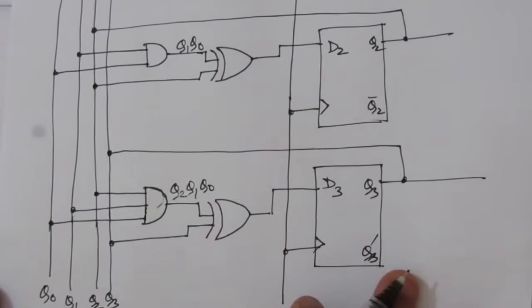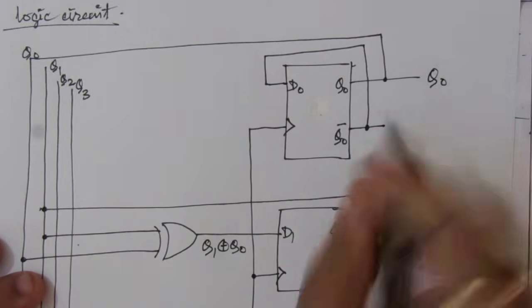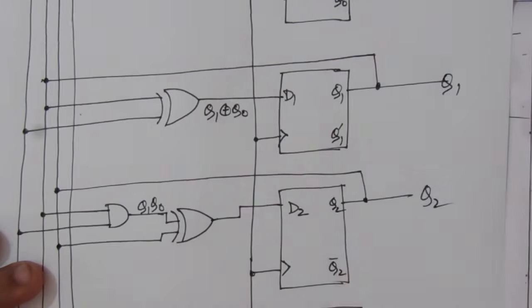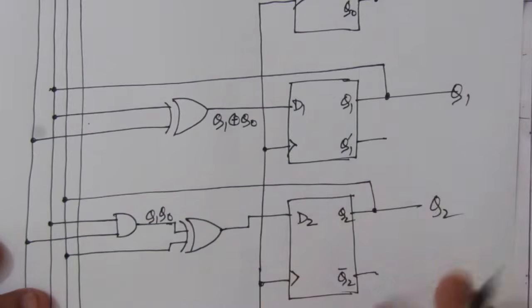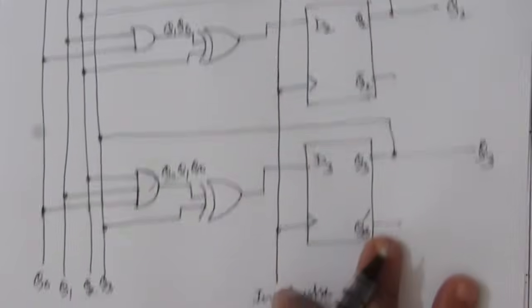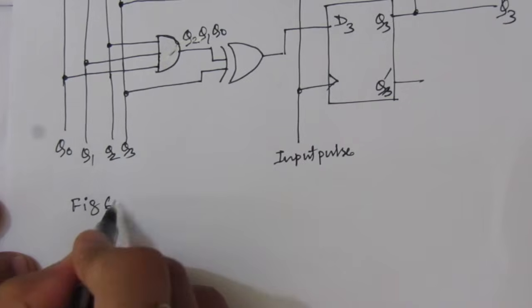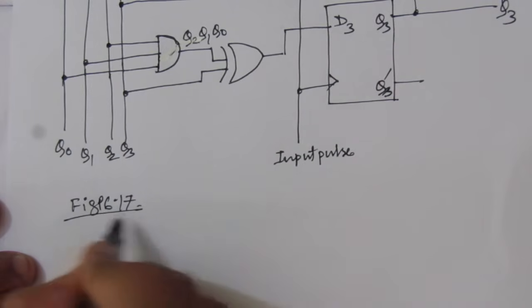This is the logic circuit of a 4-bit synchronous counter. Here we'll have Q0, Q1, Q2 and Q3. Figure 6.17, problem 6.17.